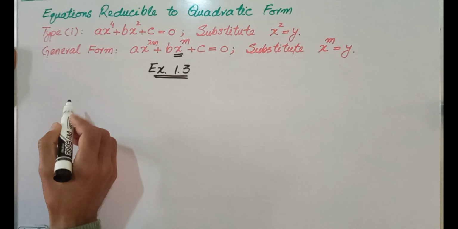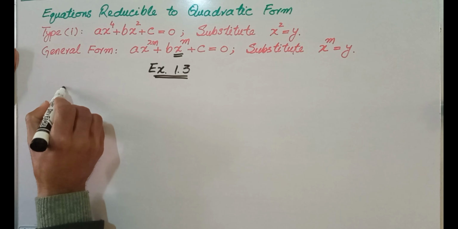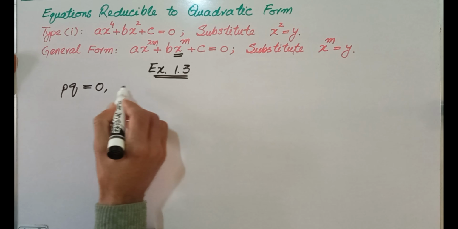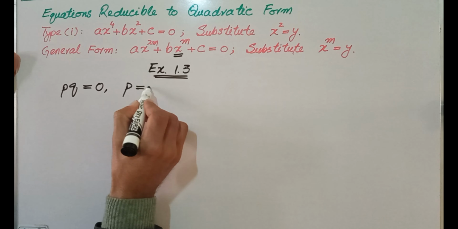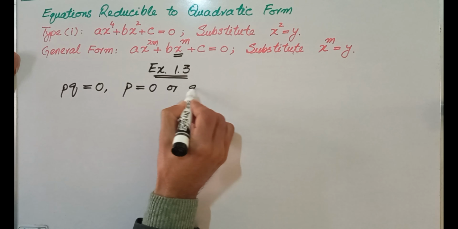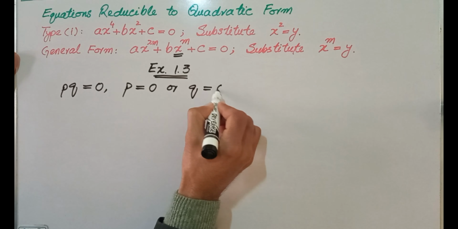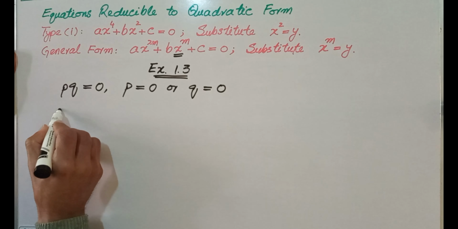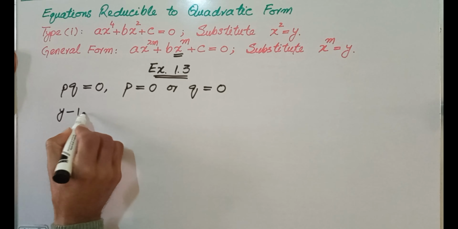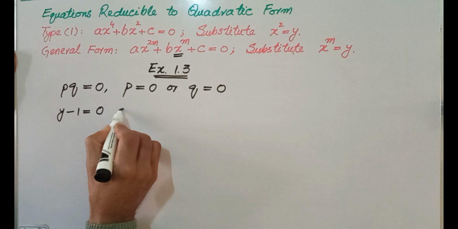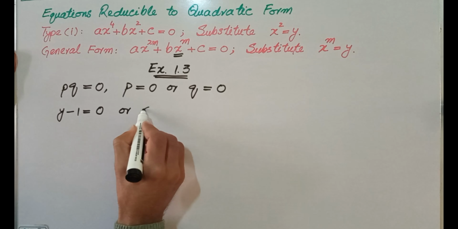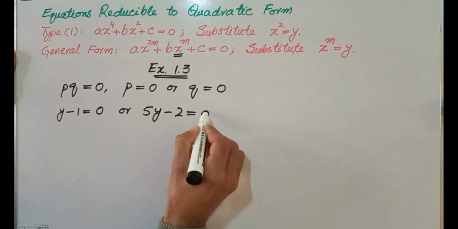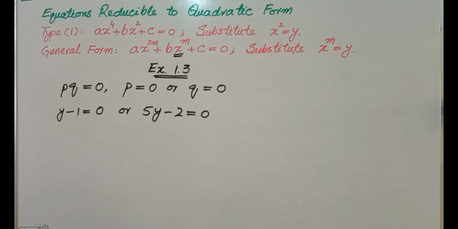Now using the product rule, which is, for example, if the product of two numbers P and Q is 0, then either P is 0 or Q is 0, or both are 0. Thus we can write y minus 1 is equal to 0, or 5y minus 2 equals 0.